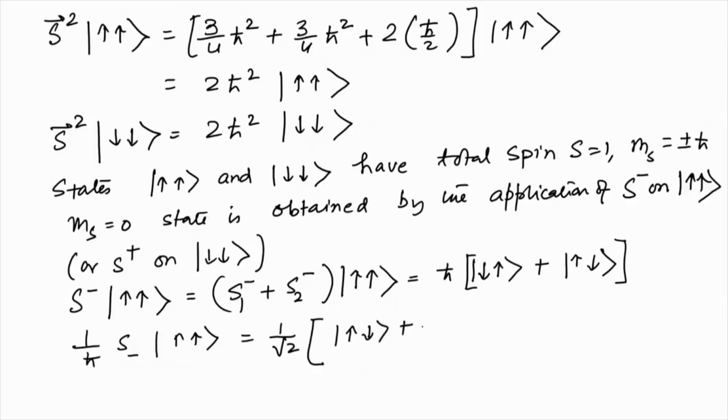It does not matter, we have written down the second term ahead of the first term, and this will correspond to S z equal to 0. So, these three will be called the triplet states, and the singlet state is of course the other one.